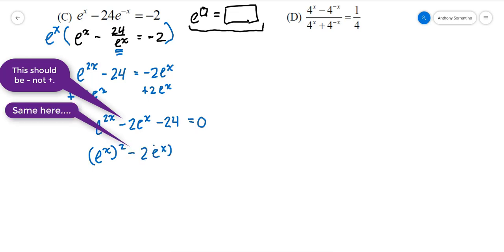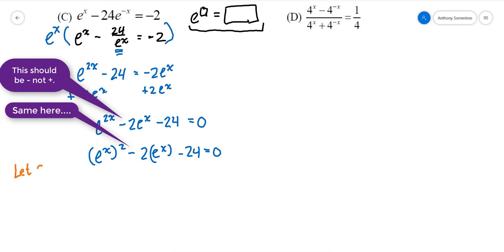I'm just going to put parentheses around it to emphasize them. I have something involving the variable squared, minus 2 times something involving the variable that's not being squared. This is basically a quadratic format. It has a quadratic structure to it. And so for me to solve this, I can pick any letter of the alphabet I want.